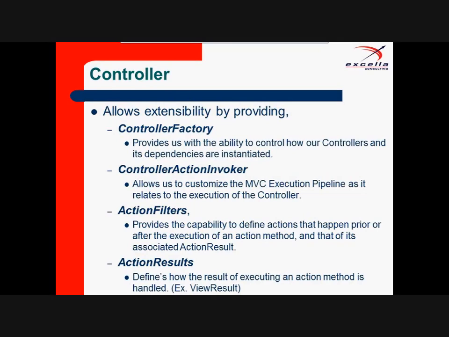Obviously, we want to extend our controller in three different ways in the demo. We want to implement dependency injection on our controller, taking away the responsibility of instantiating its dependent services, and we also want to build some functionality around it by using action filters and action results.